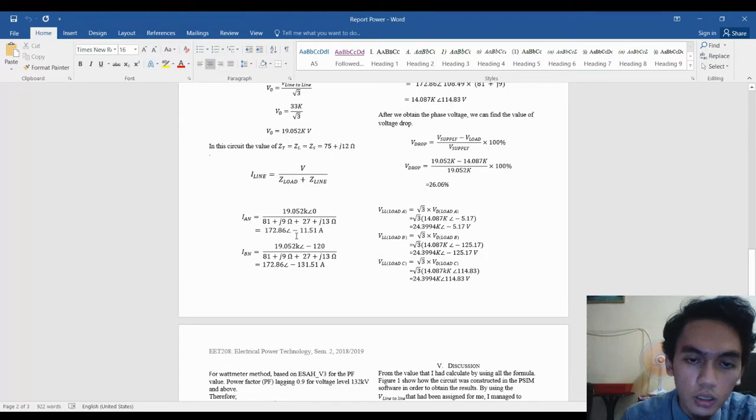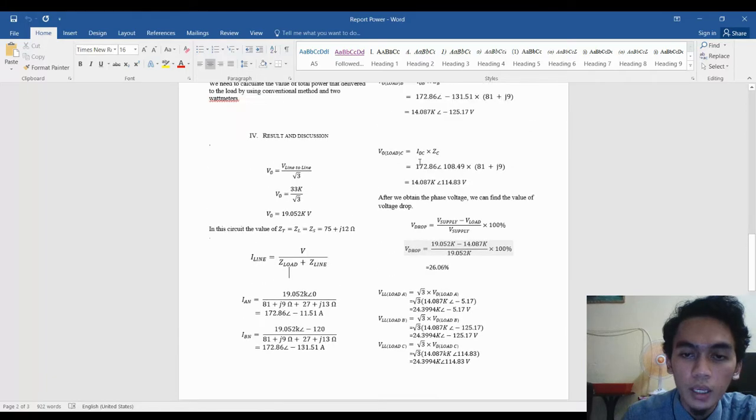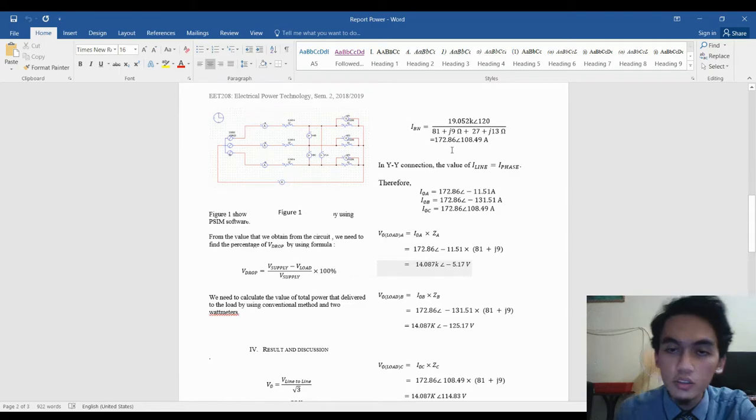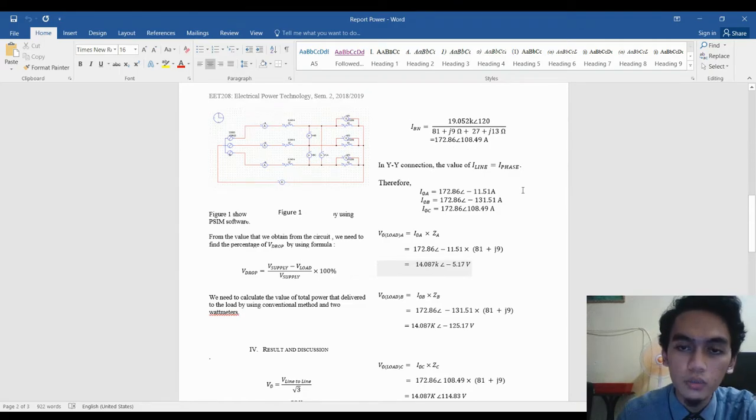For the first current, current AN, we will get 172.86 with an angle of negative 11.51 ampere. For the current BN, we will get 172.86 with an angle of negative 131.51 ampere. And lastly, for the current CN, we will get 172.86 with an angle of 108.49 ampere. In Y-to-Y connection, the value of I line is equal to the I phase.